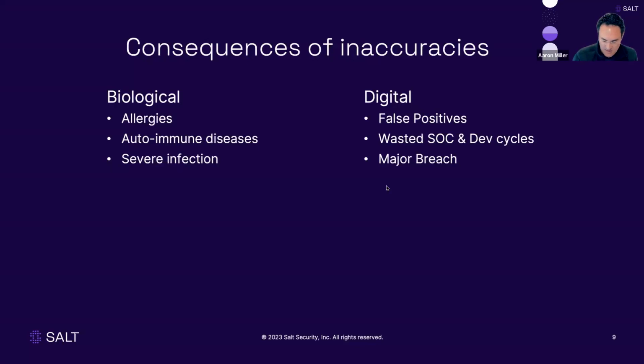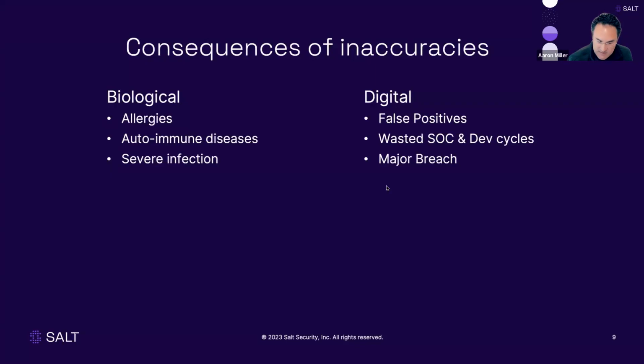So I drew this analogy earlier about allergies being like false positives, autoimmune responses, right, where you're attacking yourself. Basically, think of this as wasting resources inside of your company, and asking your developers to chase down and fix things that don't really need fixing. Again, a huge waste of resources.